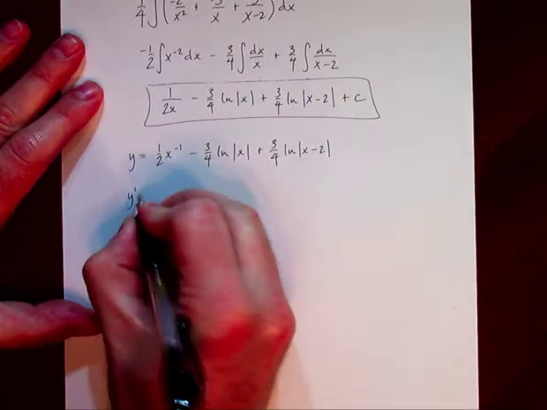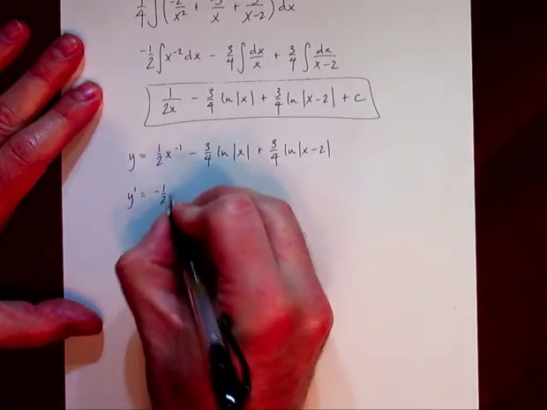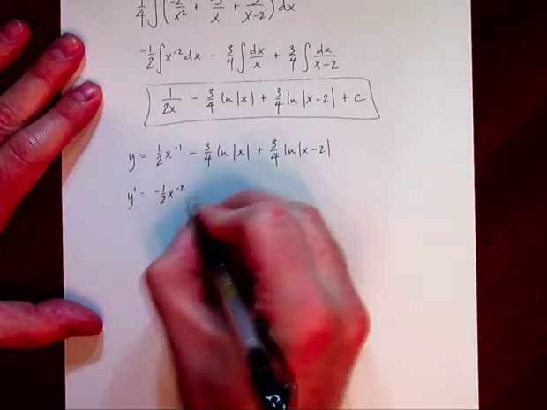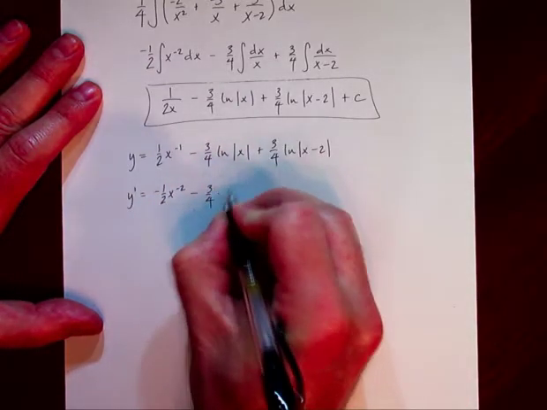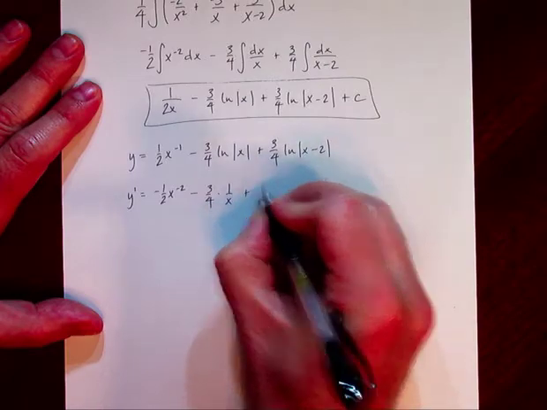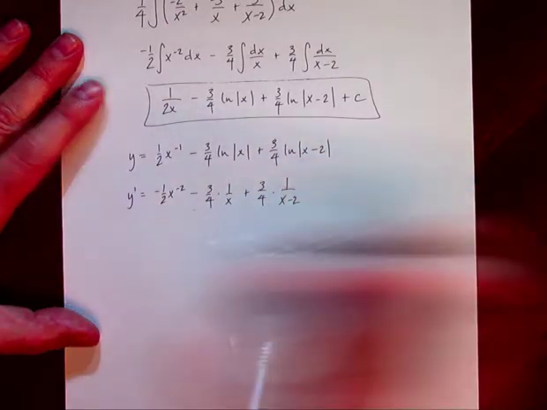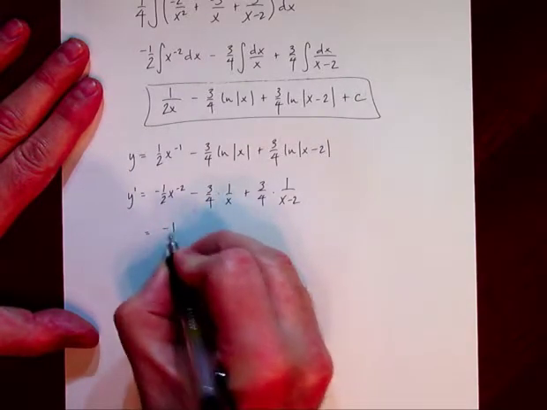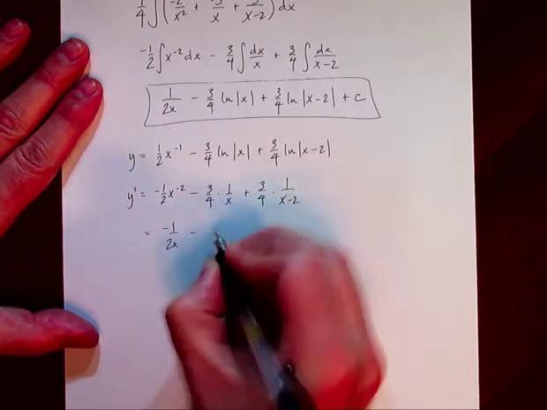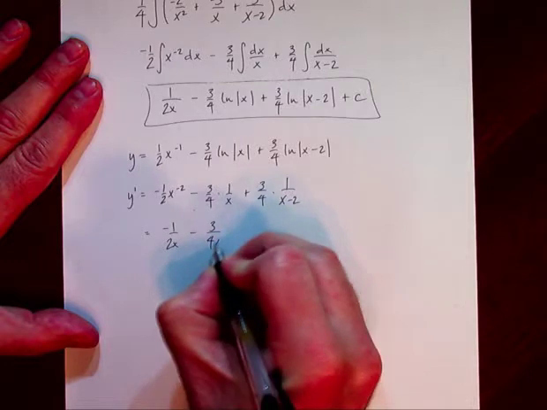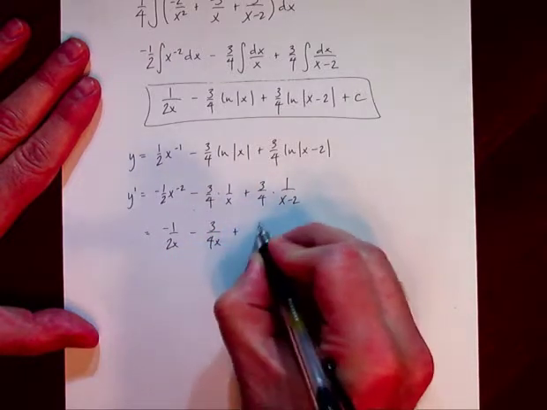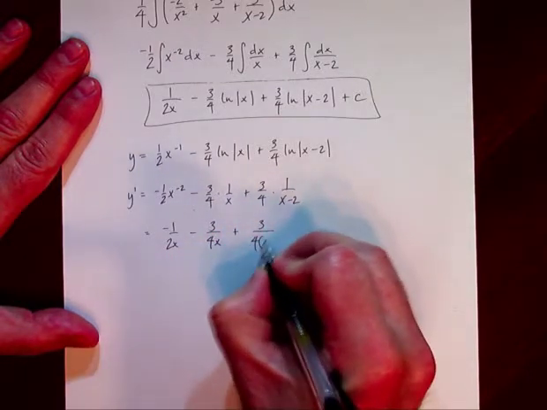So you get y prime is equal to negative 1/2 x to the negative 2. I get negative 3/4 times 1 over x. I get positive 3/4 times 1 over x minus 2. This is negative 1 over 2x minus 3 over 4x plus 3 over 4x minus 2.